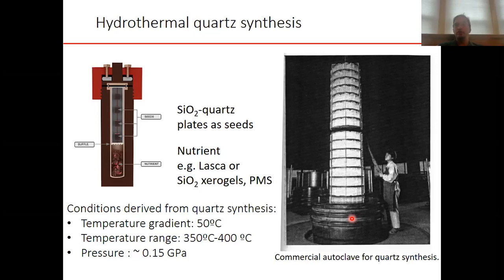As you can easily imagine, such a very large autoclave system represents some kind of a bomb. So if your autoclave fails, the smallest damage is done when these autoclaves are inserted into the ground.